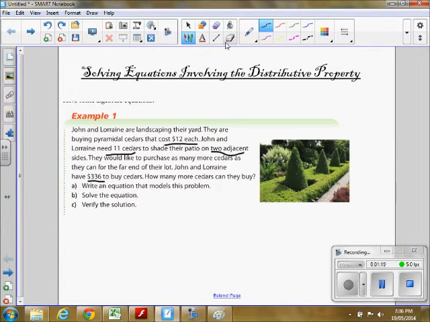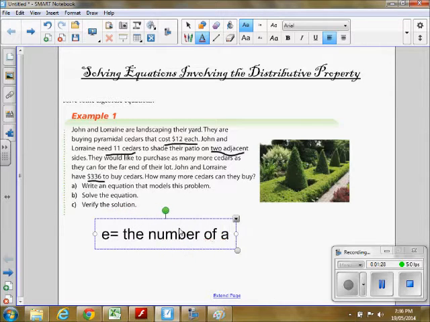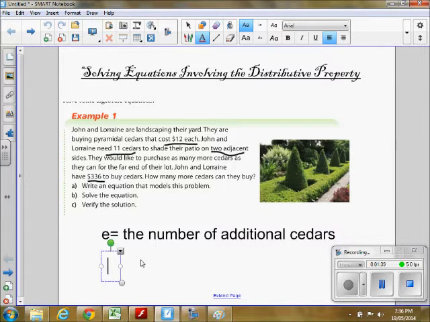Okay, so let's write the equation. If we let E is equal to the number of additional cedars, we can write this equation down. So the total number of cedars is E, the additional ones, and then the 11 they already bought.